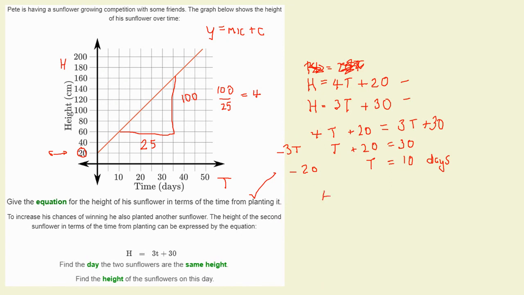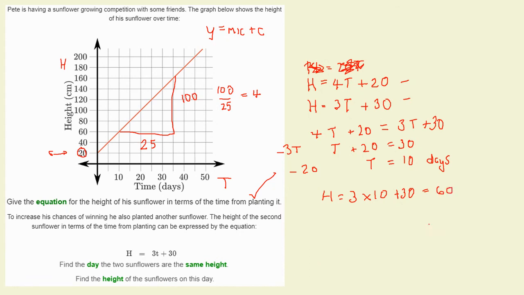We could do less times by less in terms of multiplying by t. So we've got 3 times the t value, which we've said is 10. And we add on that second equation, 30. 3 times 10, 30. Add on 30. It's telling us it'd be 60.